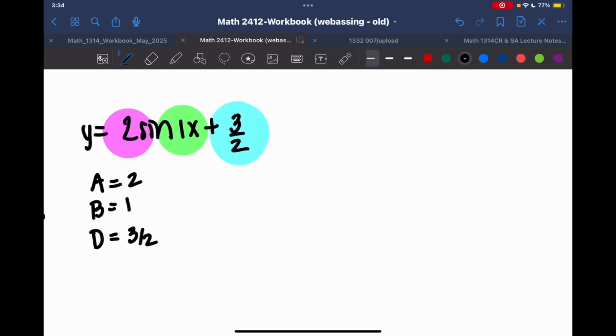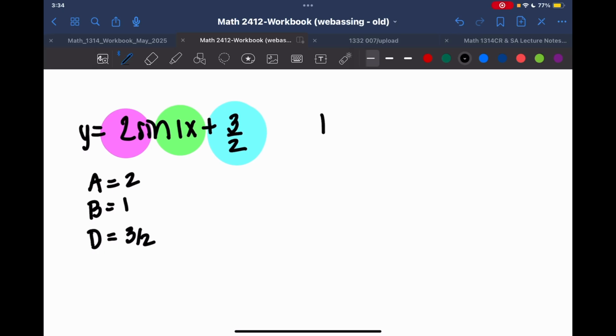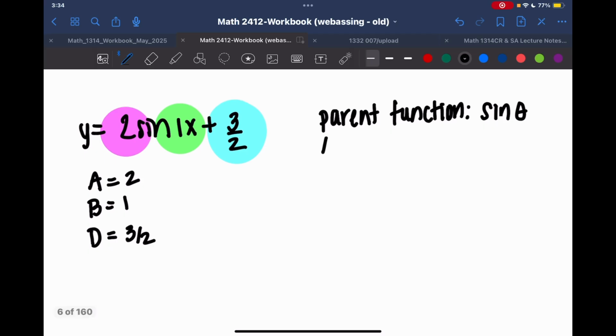I am going to start using decimals just to get through things quickly. So we're going to use the parent function. The parent function is going to be sine theta or sine x. And then we're going to determine the amplitude. The amplitude is just going to be your A, which is equal to 2.